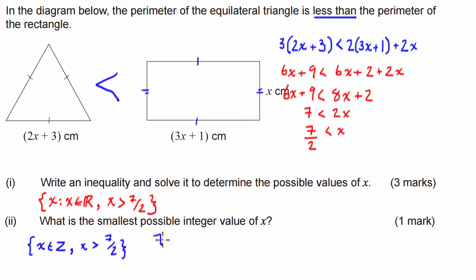Because 7 over 2 is equivalent to 3.5, and x has to be greater than that, we can't go down to 3. So the minimum value of x will have to be equal to 4. We can't go down to 3 because that would be outside of our domain, but we can go up to 4, and that's our first integer value.